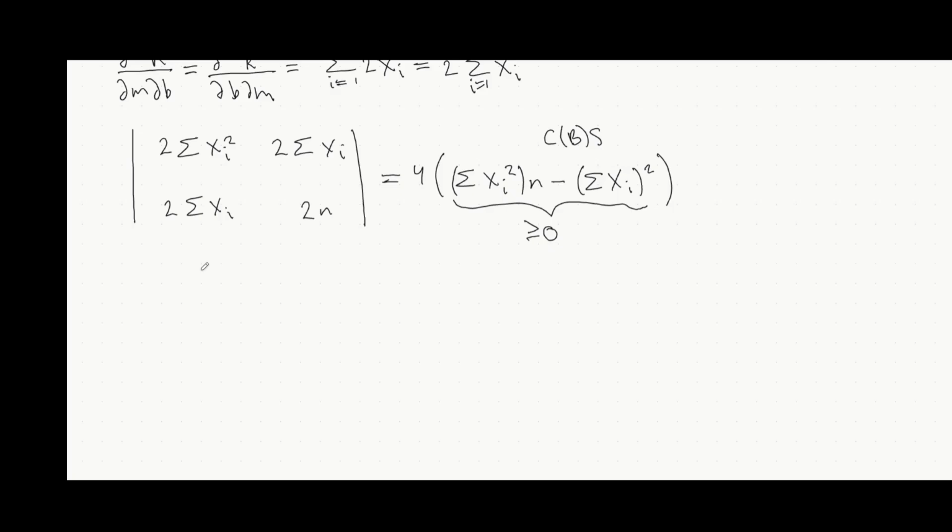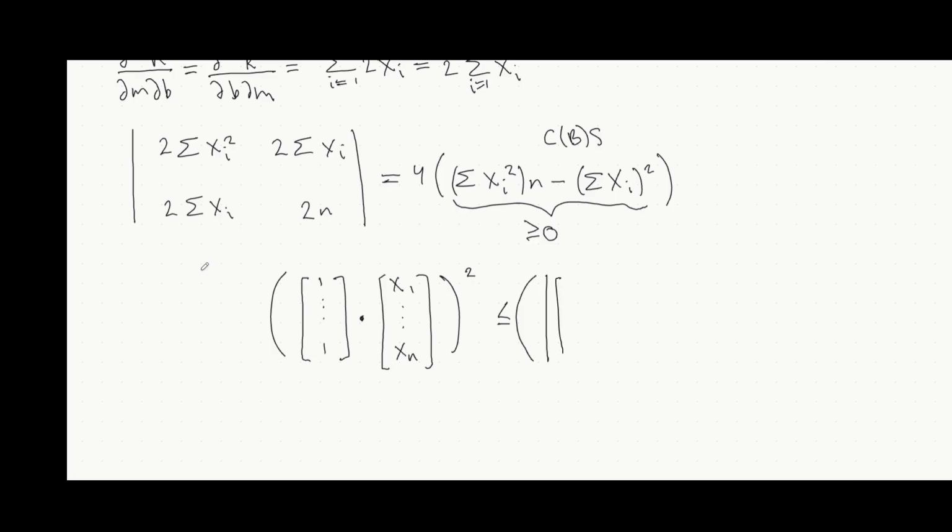And we're just going to use the square of both sides of the Cauchy-Schwarz inequality. So this just says that the dot product, the vector that we'll use is a vector full of 1s, and the other one is just our xi values, x1 through xn. If we take that dot product and square it, that's going to be less than or equal to the product of the squares of the norms of each of those vectors.